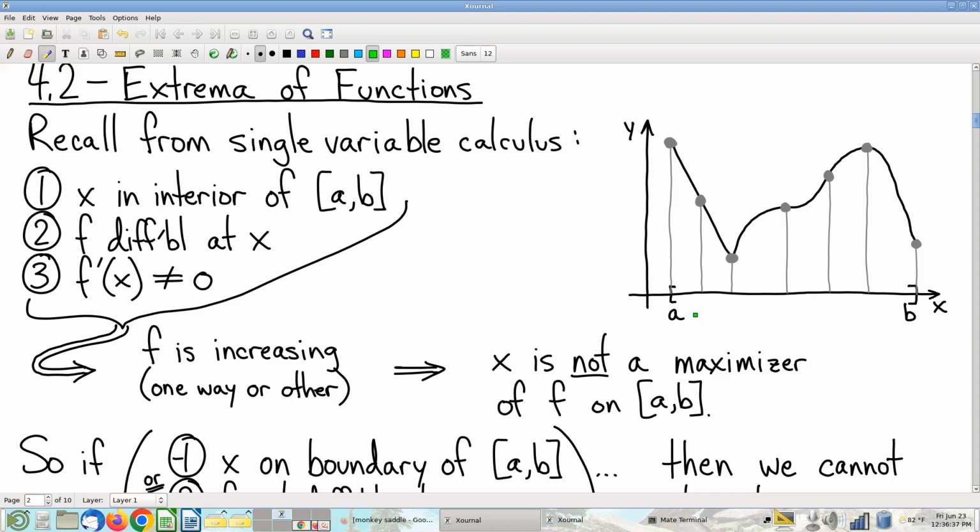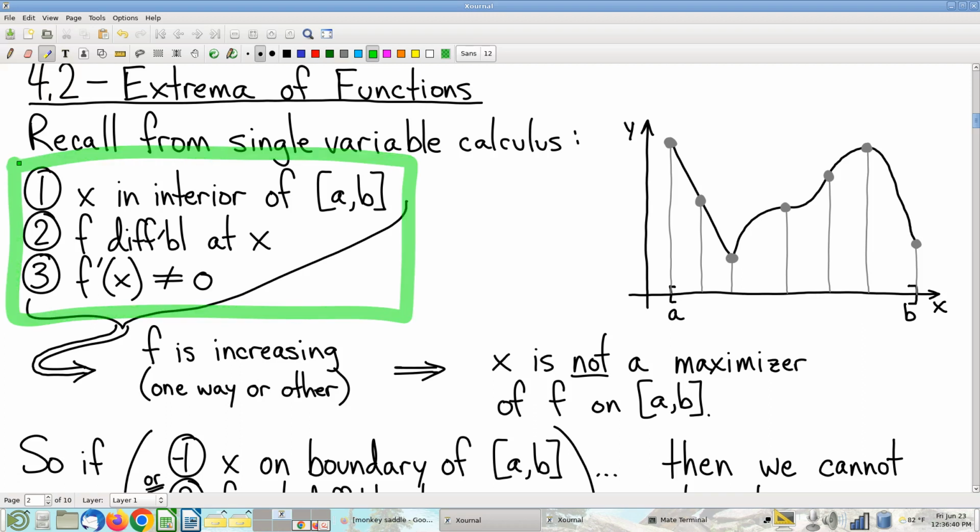So if you make certain assumptions about a single variable function, right? Suppose we have a point x that's in the interior of our interval. Notice it's not one of the endpoints, but it's well inside the interior of the domain. If we assume that the function is differentiable, so that it's nice and regular there, all we need is differentiability.